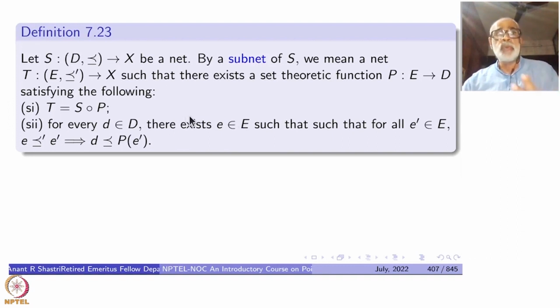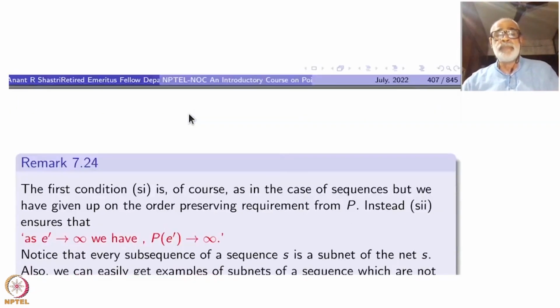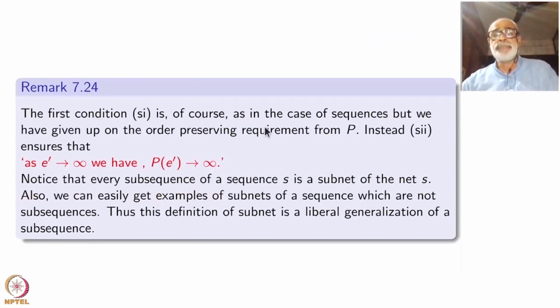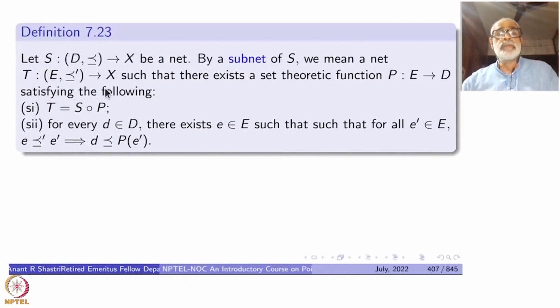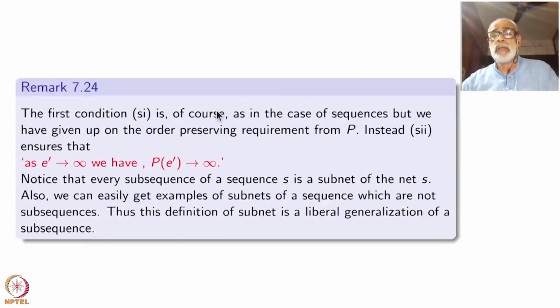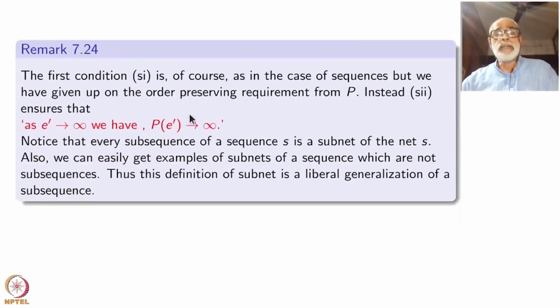If you make too weak a definition, then it may not be good enough. The first condition, as in the case of a subsequence, is the definition of a subsequence. But we have given up on the order preserving requirement of P. Instead of that, the second condition is something like: if E prime goes to infinity, P of E prime goes to infinity.